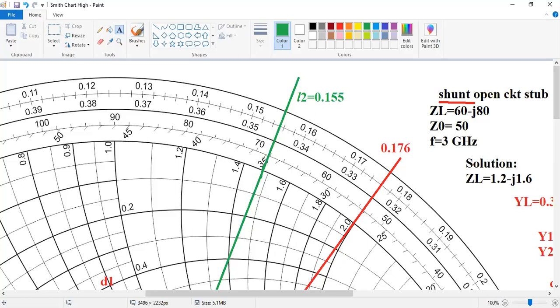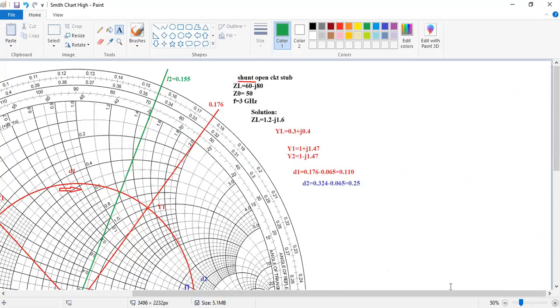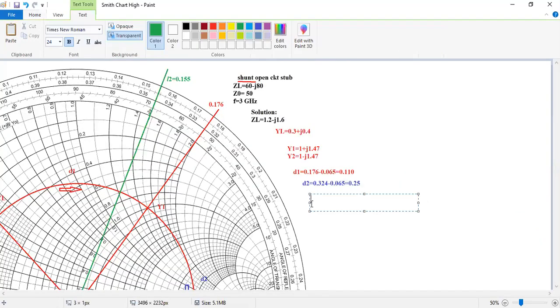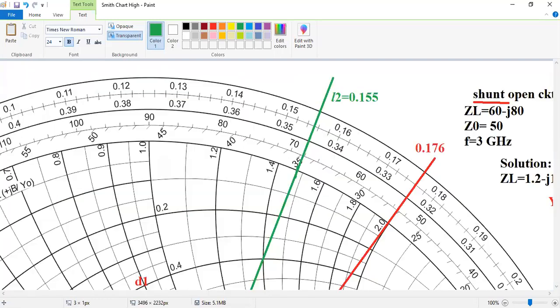Now this is not the final answer for L2. So how can you calculate L2? You just have to take a reference. What reference? You have to consider whether this stub is an open circuited stub or a short circuited stub. This stub is the open circuited stub.